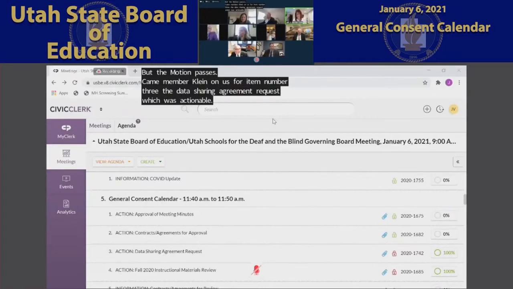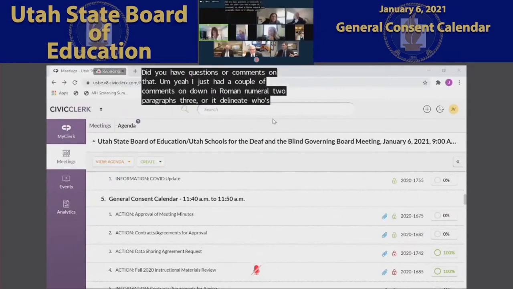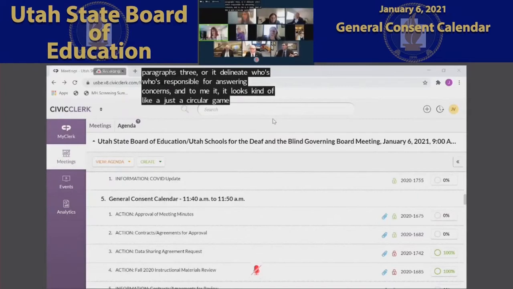If a parent had a concern and they went to the school board, the board could point to the Department of Workforce Services, who could then point to the school readiness board, and then they can point to the federal regulations and department. Anyway, it just looks like it might be one of those situations where it's hard to get an actual answer to concerns if everybody can just point the finger to somebody else.